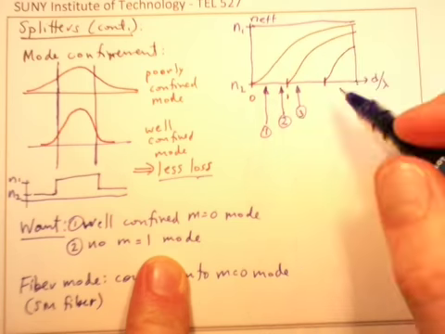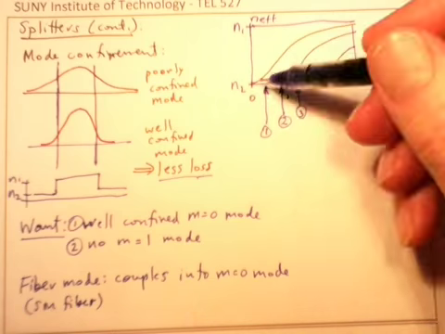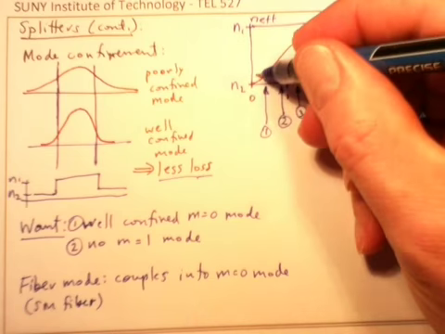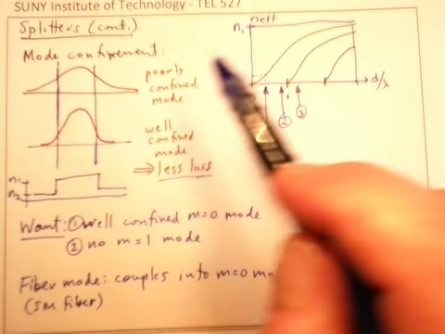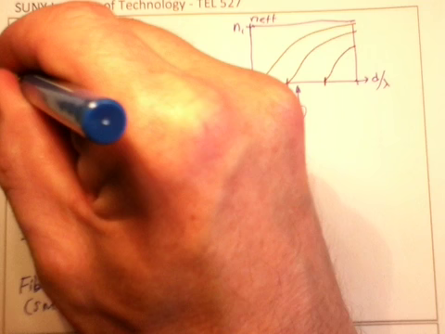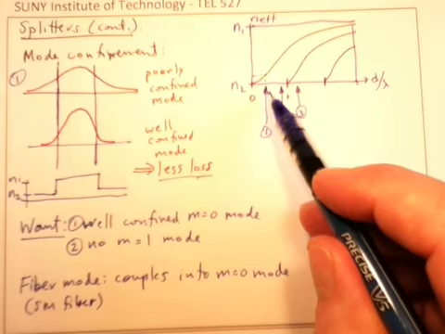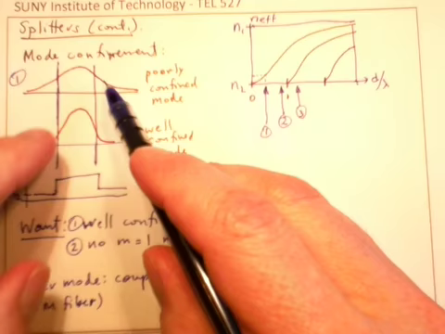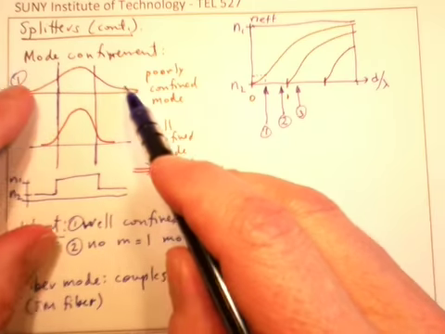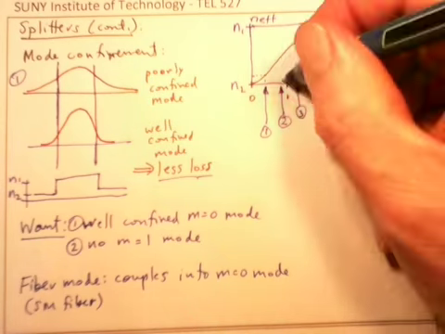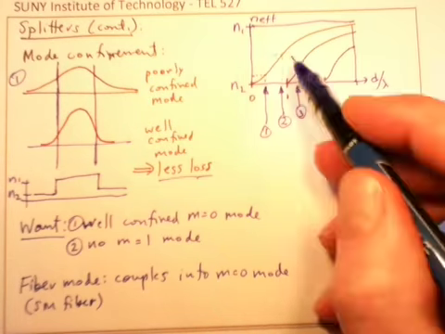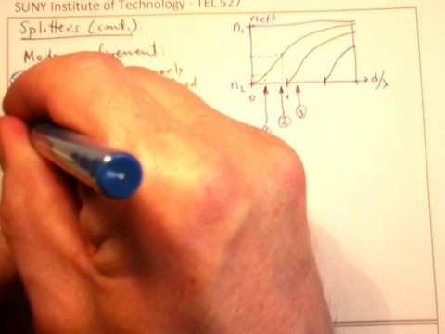In case number 1 we have an effective index which is very close to N2, which is the cladding, which means that we have a poorly confined mode, because a lot of the energy is out in the cladding, meaning the effective index is closer to the cladding index. Here we have a much higher effective index, meaning we have a more well-confined mode.